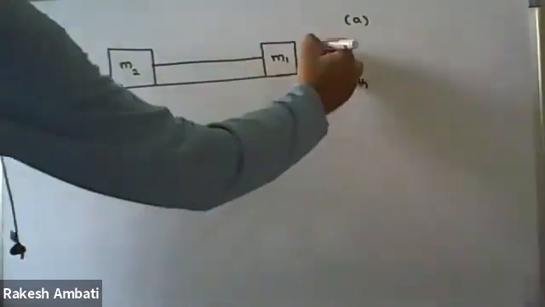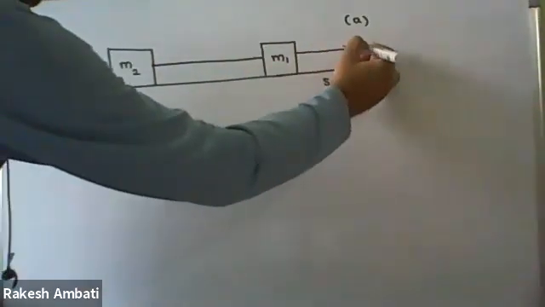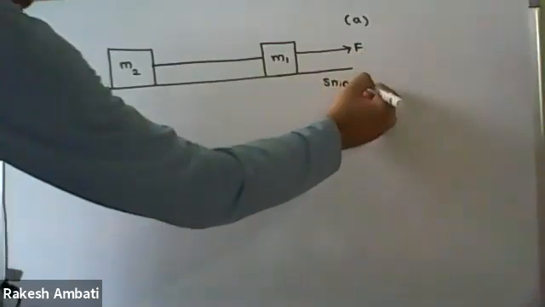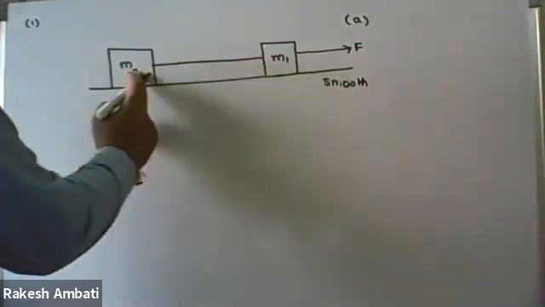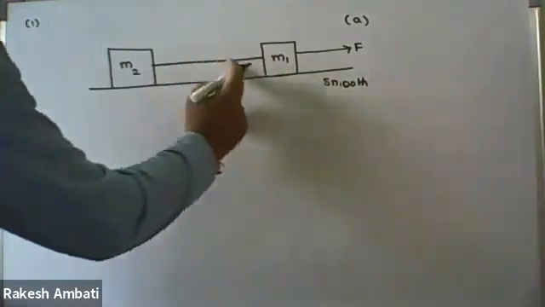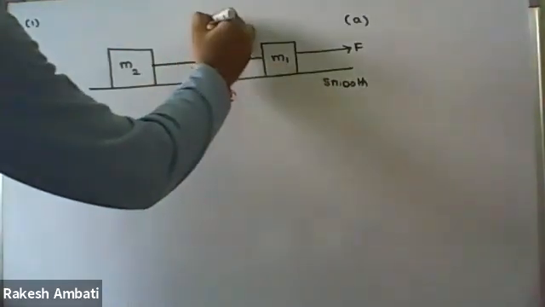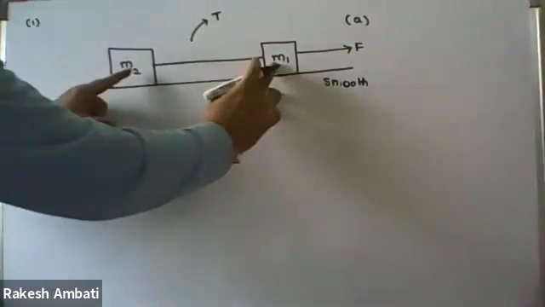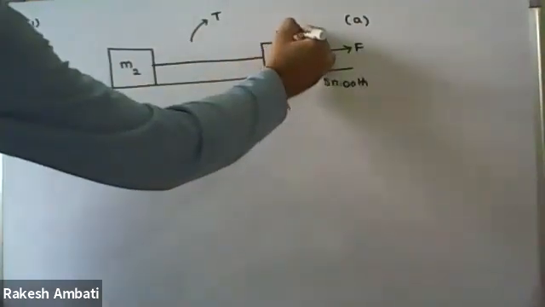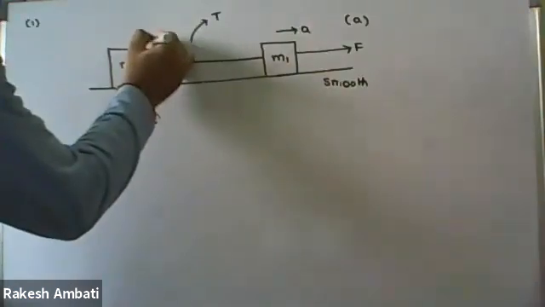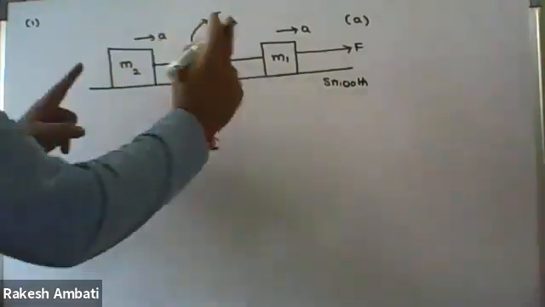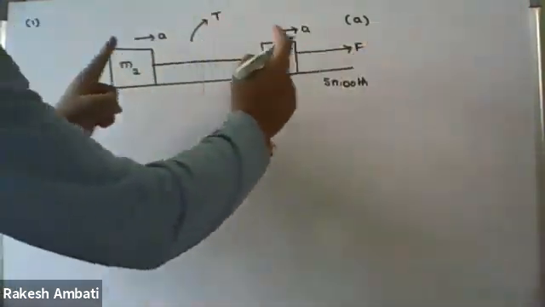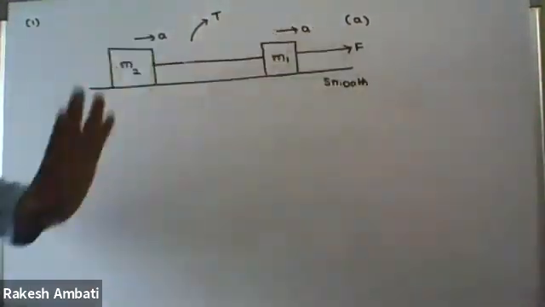Now this is the applied force. m1 and m2 are connected by the string. In this string, for example, tension force T. The two blocks move together with the same acceleration A.